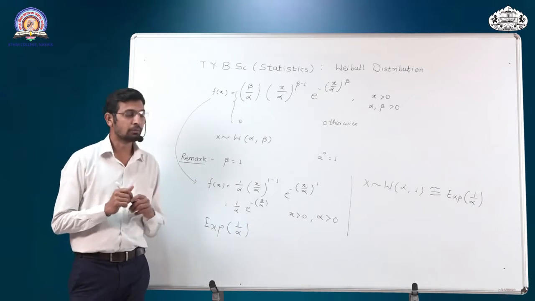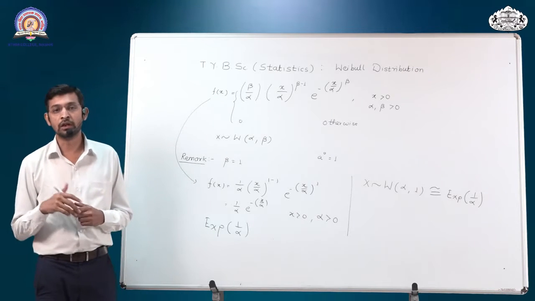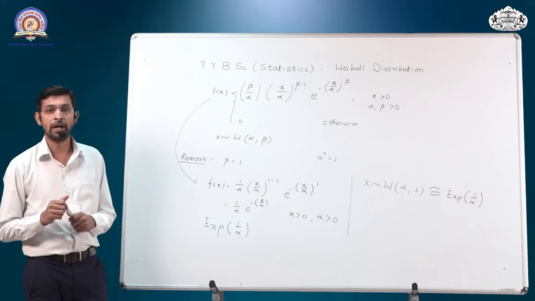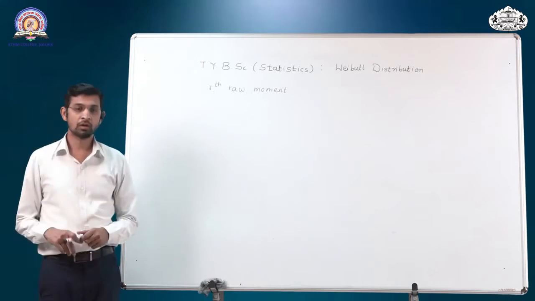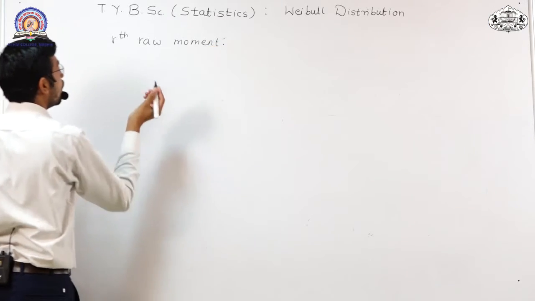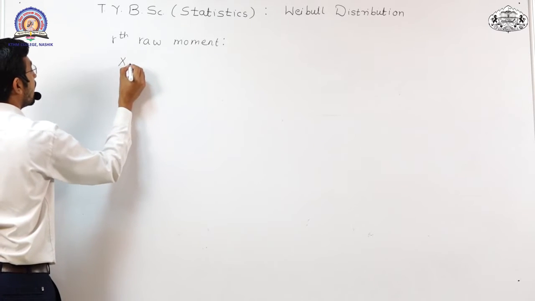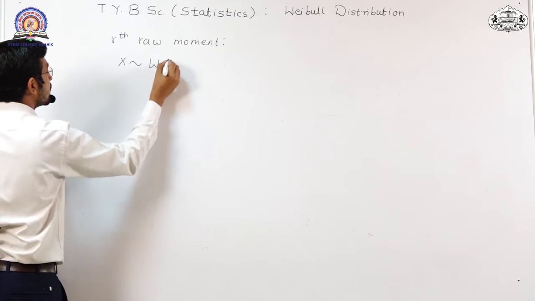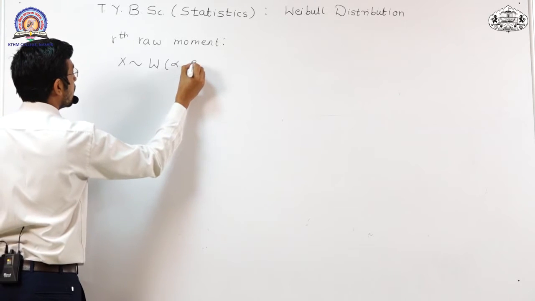We know that the Weibull distribution is a generalization of the exponential and gamma distributions. Now the rth raw moment of the Weibull distribution. Here we are given that x has a Weibull distribution with parameters alpha and beta.